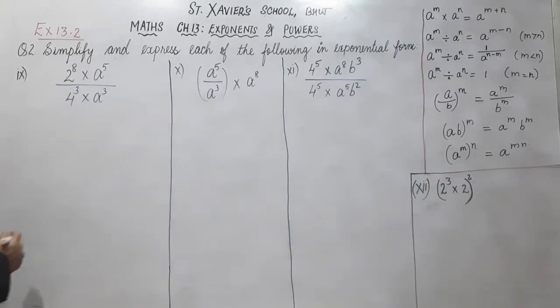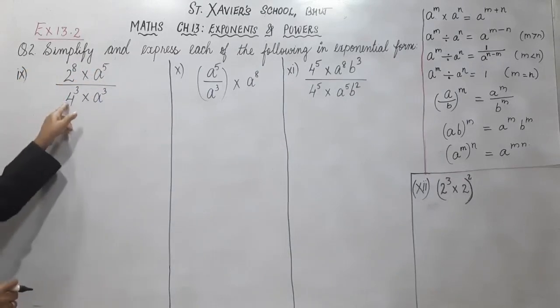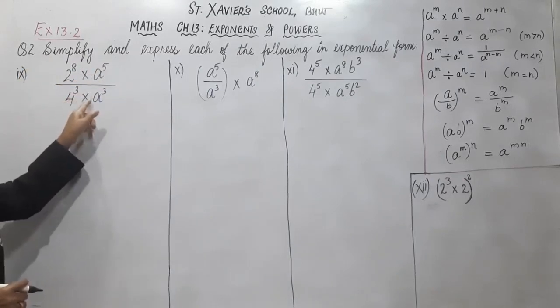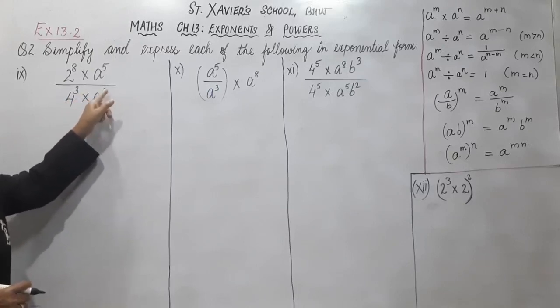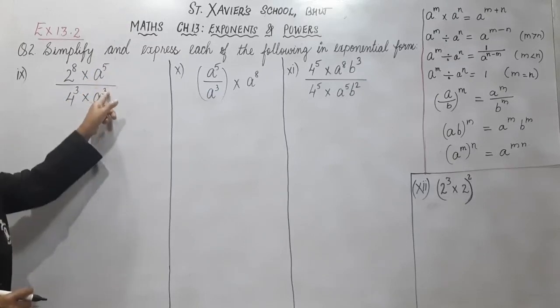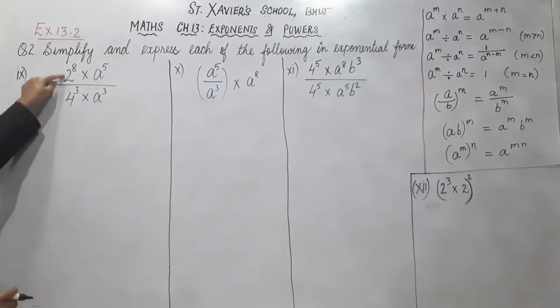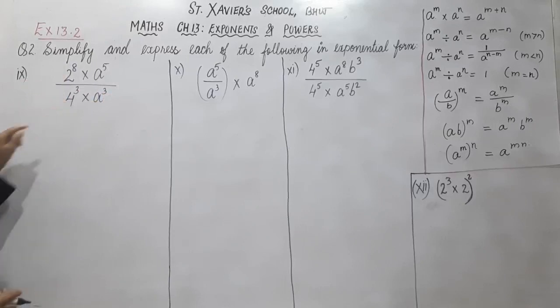Ninth question. 2 raised to 8 into a raised to 5 upon 4 raised to 3 into a raised to 3. This you can easily solve. A raised to 5 minus 3 is 2. That is a square. But here one base is 2. The other one is 4.